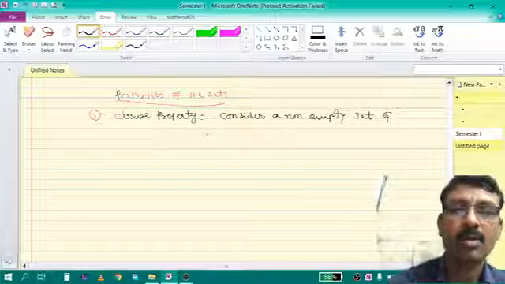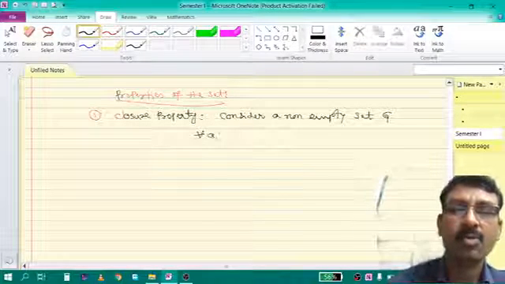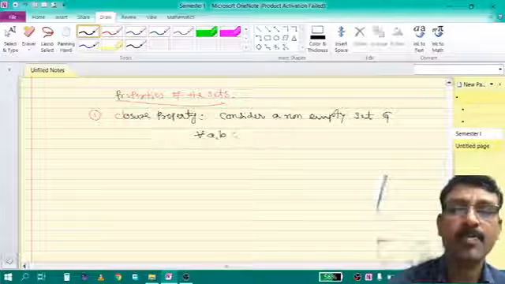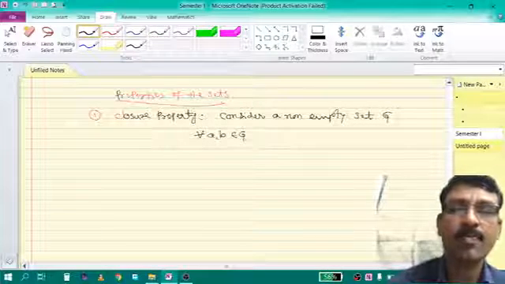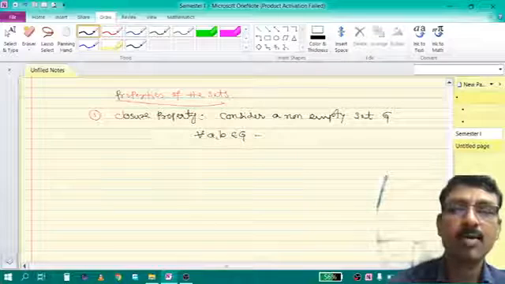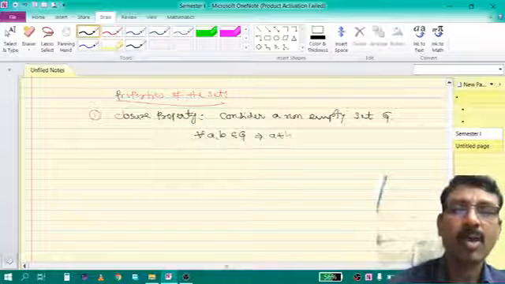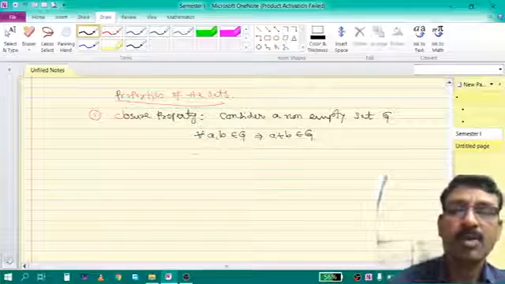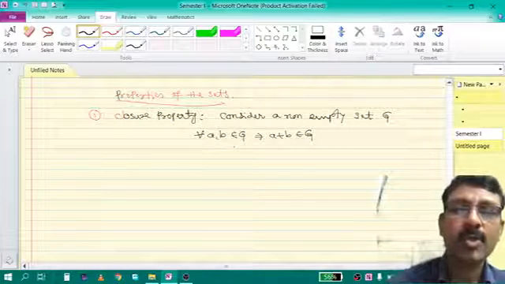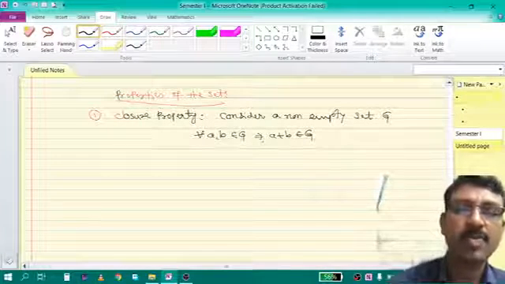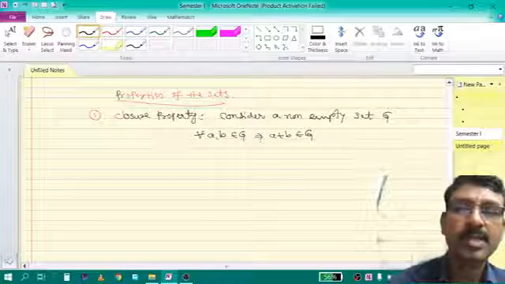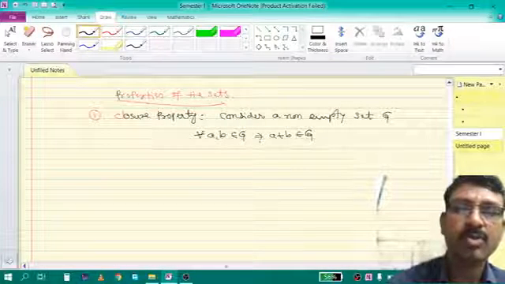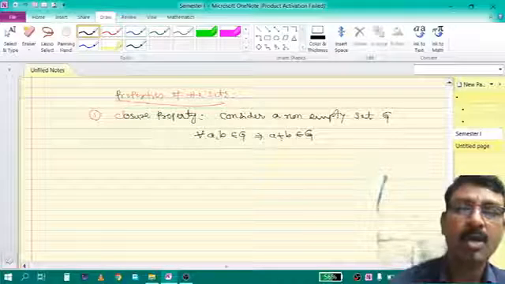And for every two numbers a, b belonging to G implies a plus b belongs to G. It satisfies this property, a plus b belongs to G. We say that G satisfies closure property under addition.